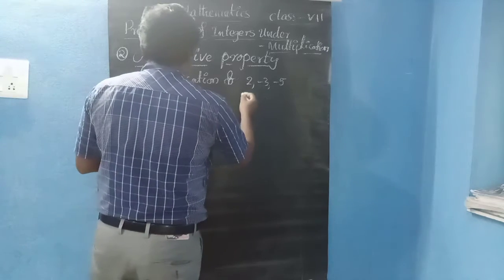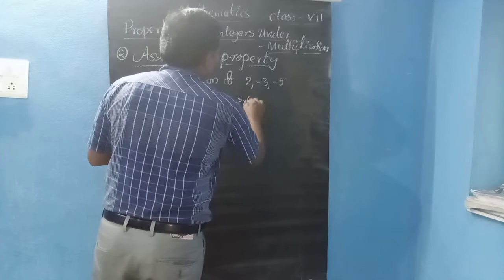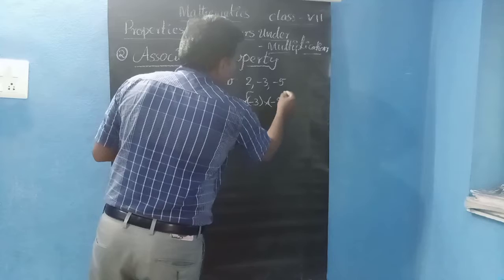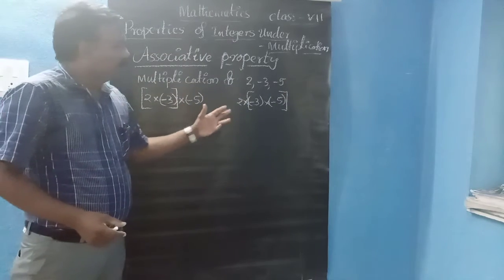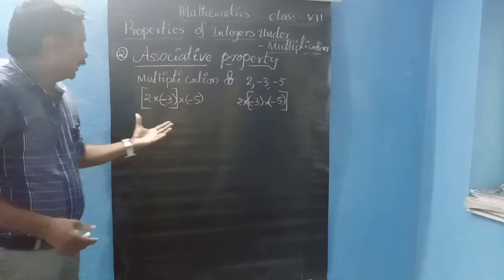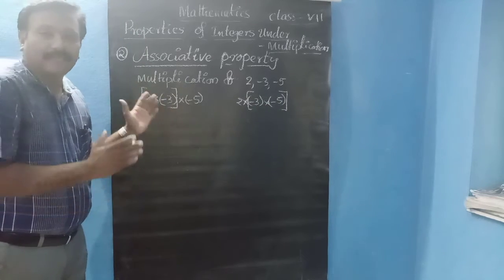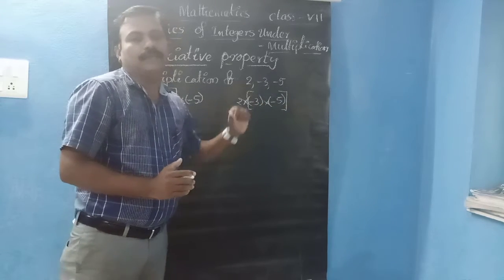I will take one more: 2 into minus 3 into minus 5, but here I am changing the group. Here the first and second numbers are a group, and here the second and third numbers are a group.